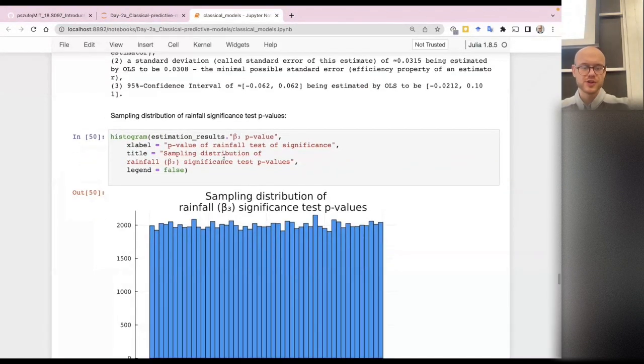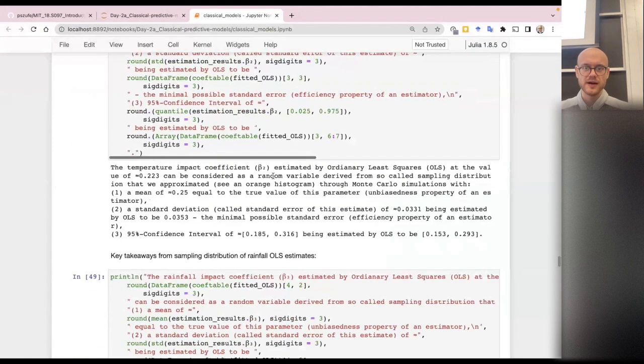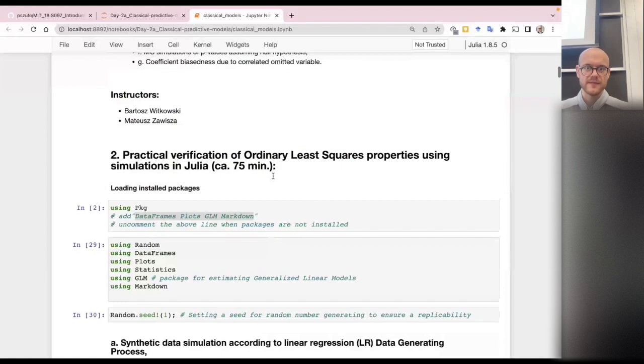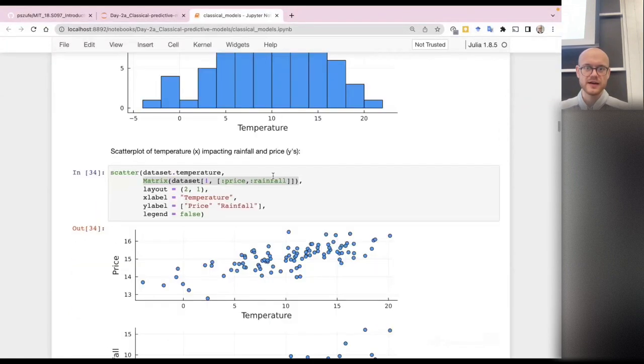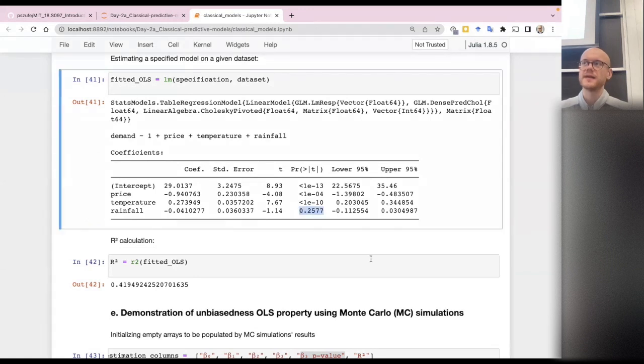What I want to show now is another sampling distribution, but this time not of a single coefficient, but rather of p-values for rainfall. I'm referring right now to this number, as you might remember.